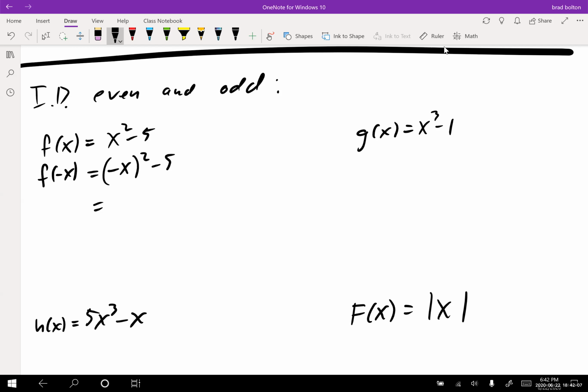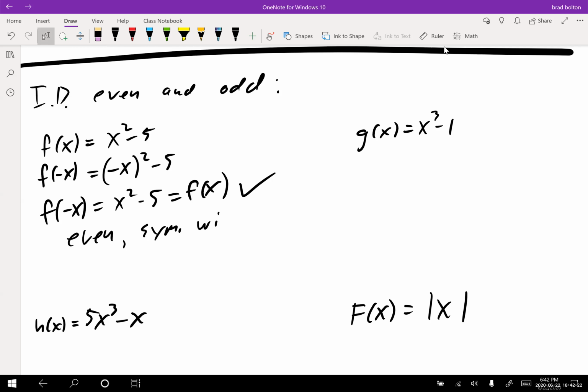And I get x squared minus 5, which is f of x. So you guys notice that this is saying that f of negative x is equal to f of x. This means even function, symmetric with respect to the y-axis because it's even, okay?